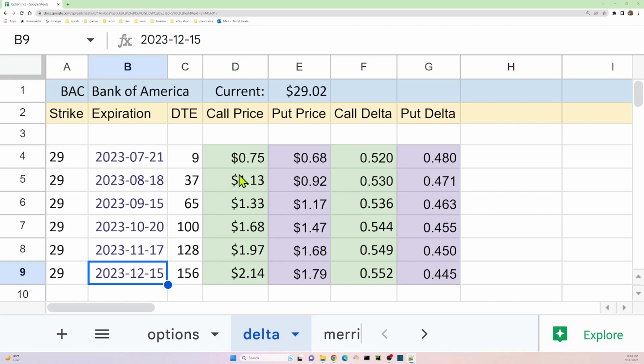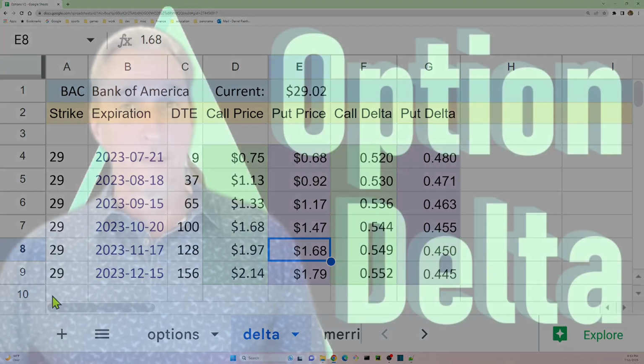As you can see, calls are more expensive than puts. So there is clear bias. The option market thinks Bank of America will probably be going up over the remainder of the year, but we'll see. Sentiment is pretty good right now, so this is probably the case for just about every stock.